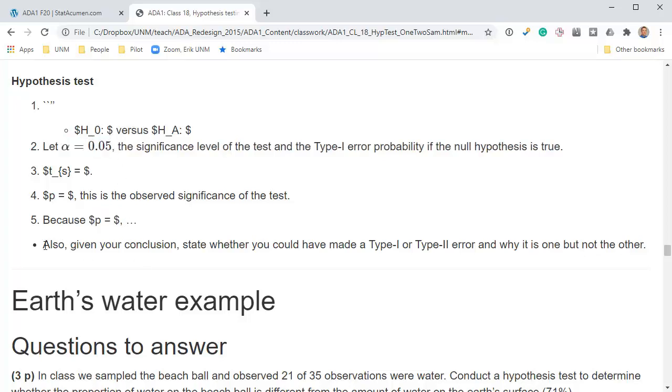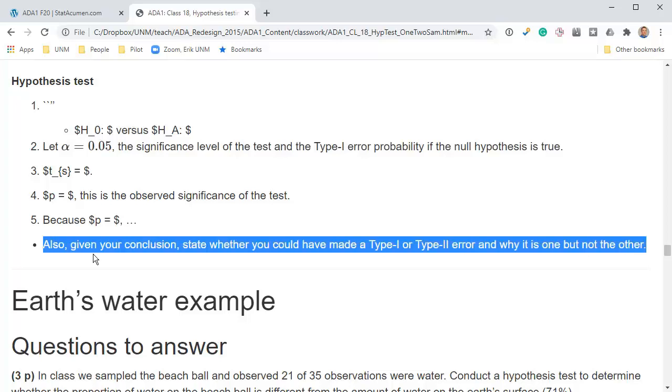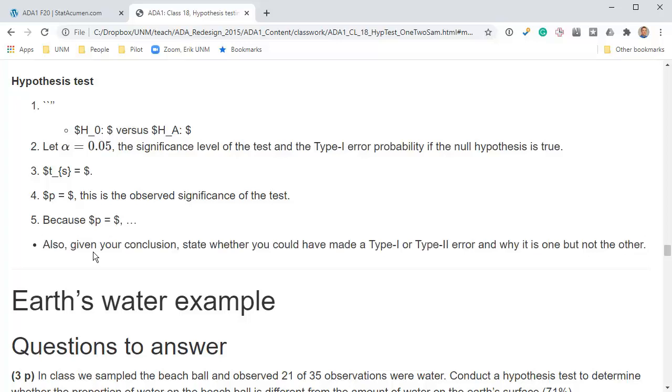And I've got one more piece here, and this is usually the hard part. So we have made a conclusion, and I'll go up to the female example in a moment to discuss this. So given your conclusion, state whether you could have made a type 1 error or a type 2 error, and why it is one but not the other.